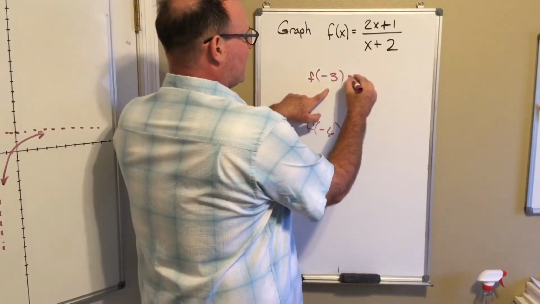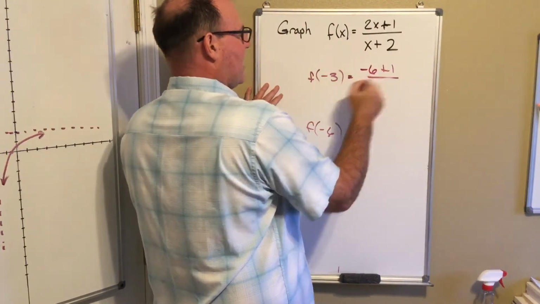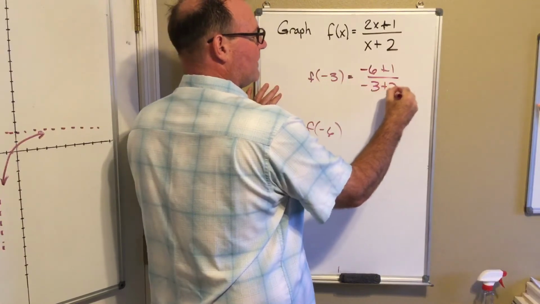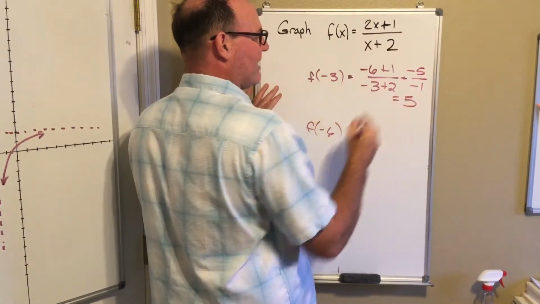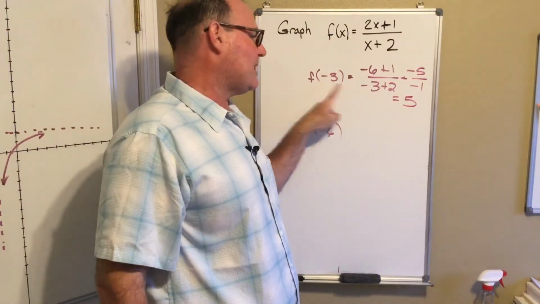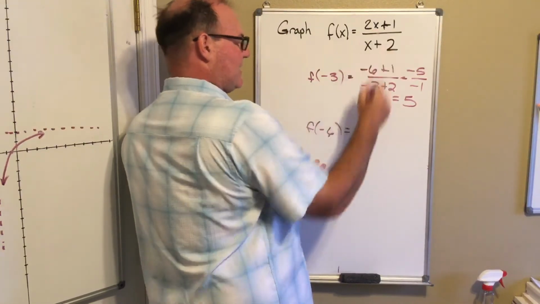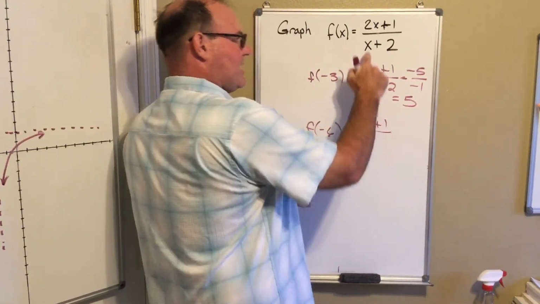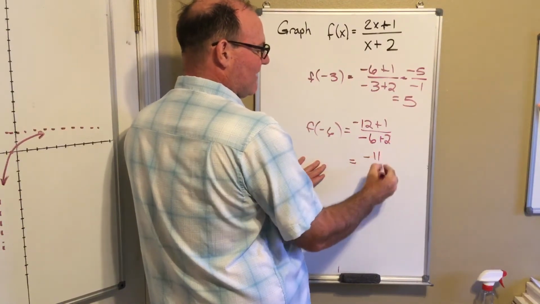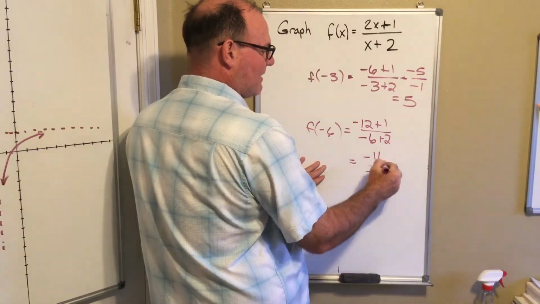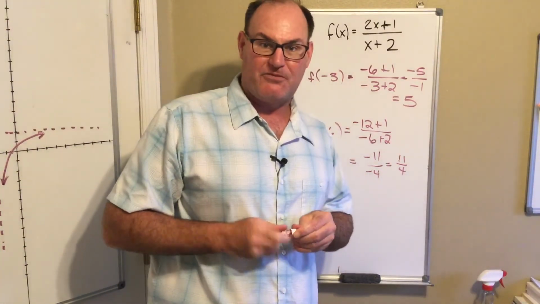So here goes. When I put -3 in, 2 times -3 is -6, and then -3 plus 2 gives me -5 over -1, so the value is 5. So at the x value -3, the y value is 5. When I put -6 in, 2 times -6 is -12, -6 plus 2. So I have -11 in the top, -4 in the bottom. So that's +11 over 4, or in other words, 2 3/4.